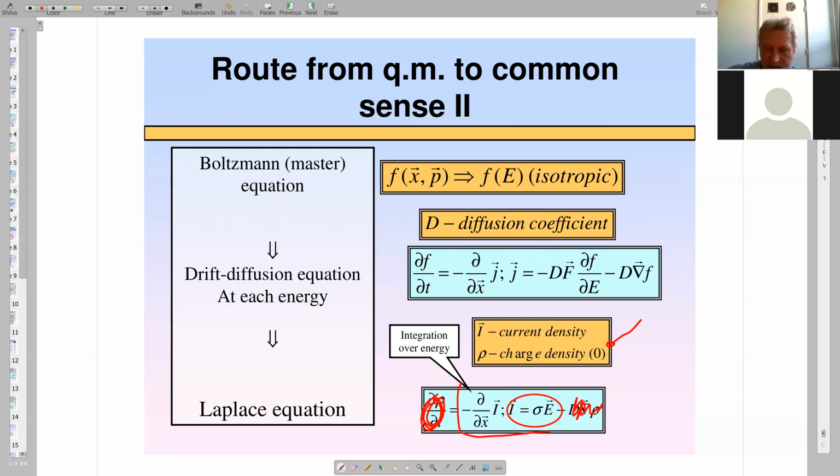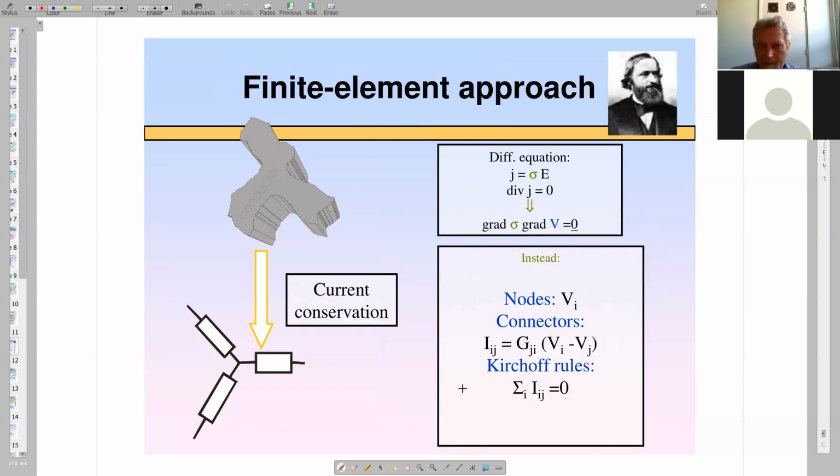Okay, so I combine these two, and I get still a second order differential equation. Right, so if this conductance is a function of coordinates, it's a rather unpleasant equation to solve. Second order differential equation in partial derivatives.